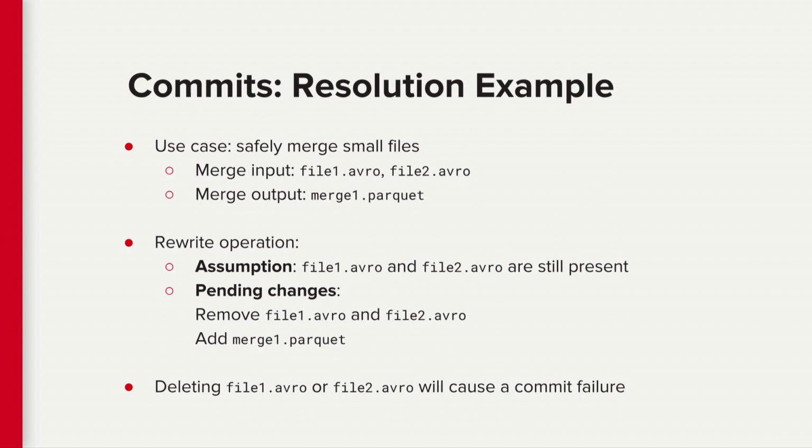So two commits come in, and both of those are structured as assumptions and actions. So we have one writer that says delete timestamp X, one writer that says delete timestamp Y. The assumption of delete timestamp X is that X still exists.